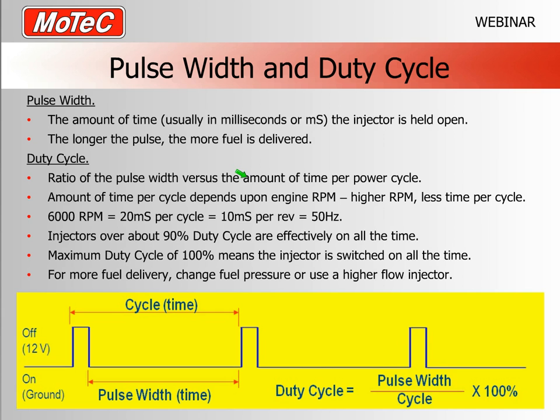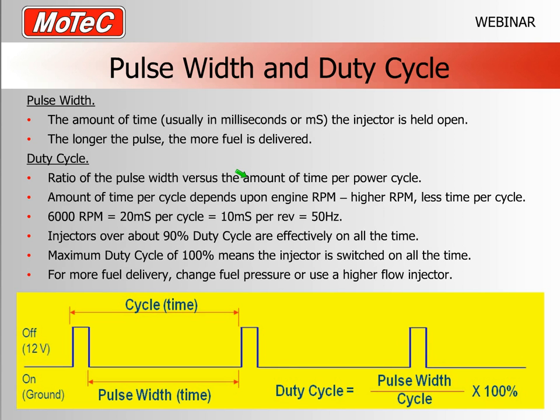Now, duty cycle is a ratio which determines, of the available time, how much of the time the injector is turned on. This relates to what the overall cycle time is, and the cycle time depends on the engine RPM. So here, for example, we turn an injector on once per power cycle, which is once for every 2 engine revolutions. So the cycle time starts here and it finishes here.